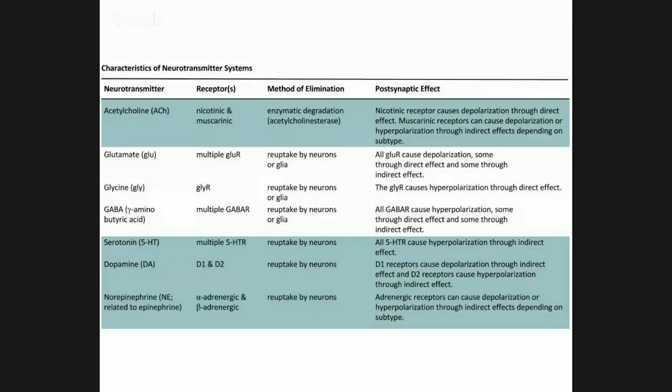Anyways, so again, this is a modification of the table that's actually in the book. Another thing about this table that's different from the book is in the book I included a section on neuropeptides, which are kind of neurotransmitters, but also kind of do something slightly different.